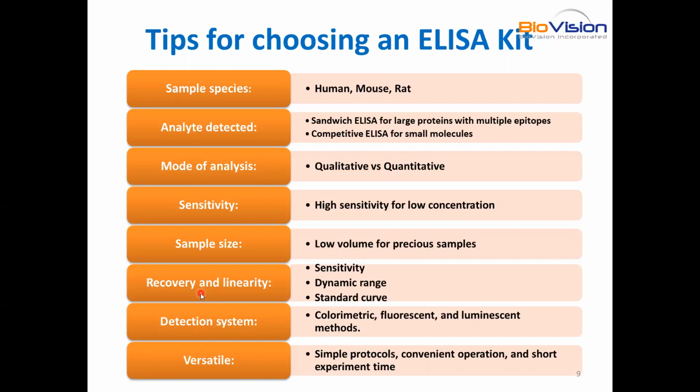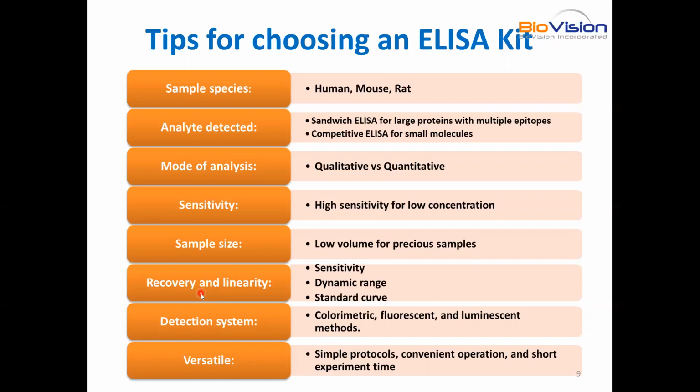Just to give an example in this category, there are quick detect or easy detect ELISA kits that are available in the market nowadays. In these easy detect ELISA kits, the entire assay is relatively short. It can be completed in as little as 90 minutes.